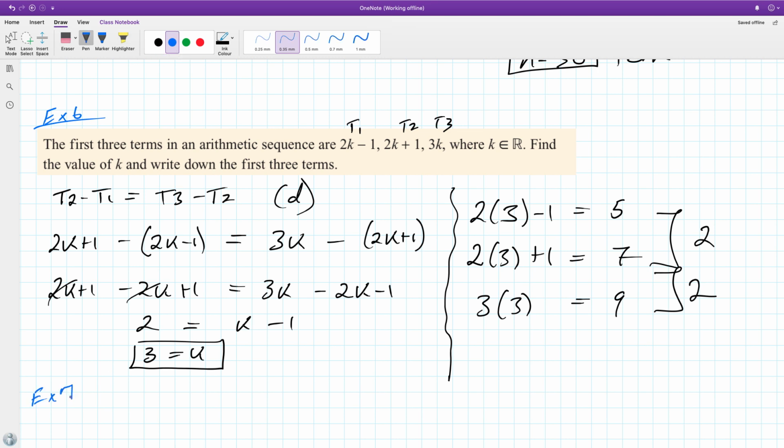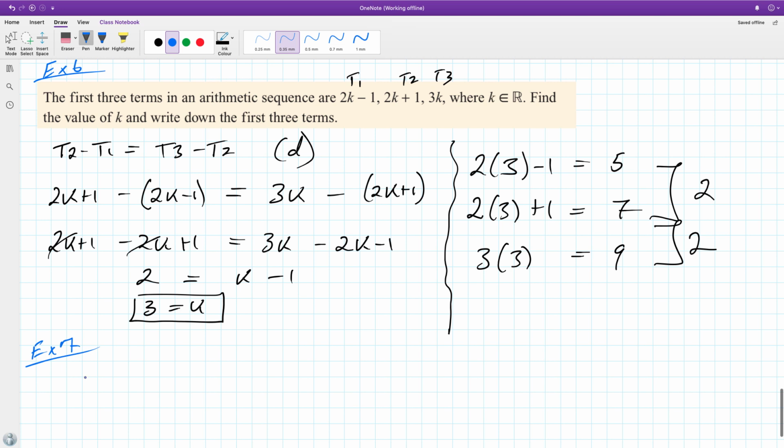Right, have a go at the following. Still on arithmetic. Three numbers are in an arithmetic sequence.